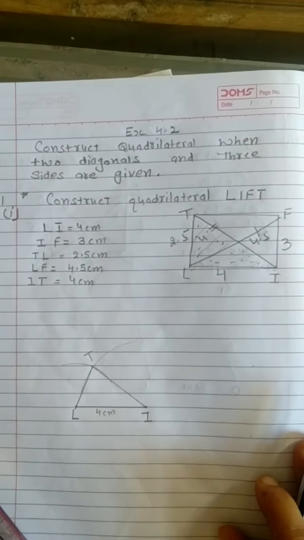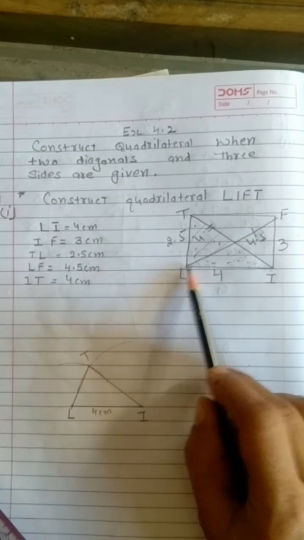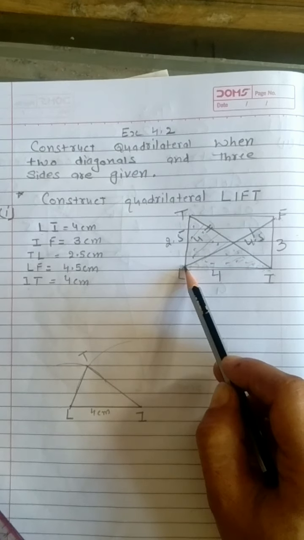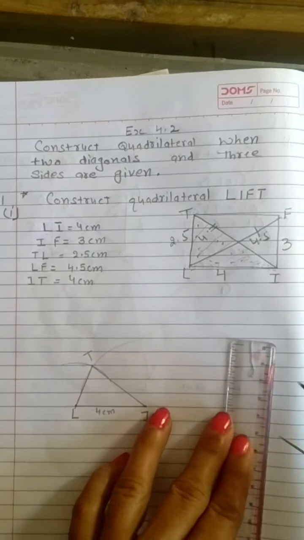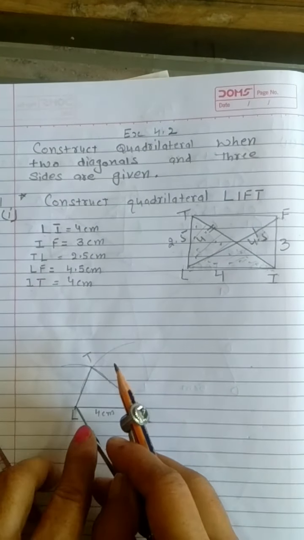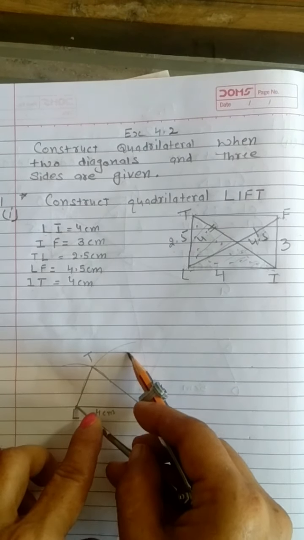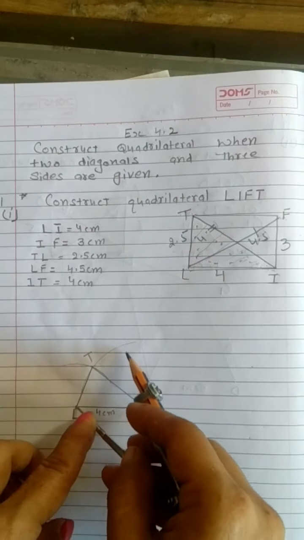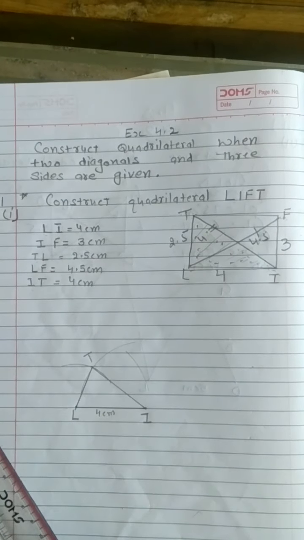Now next step, F is 4.5 cm away from L. It's 4.5 with L as the center. Draw an arc of 4.5 cm because point F is somewhere on this arc.